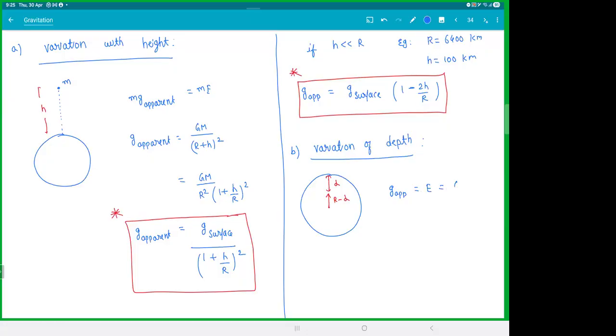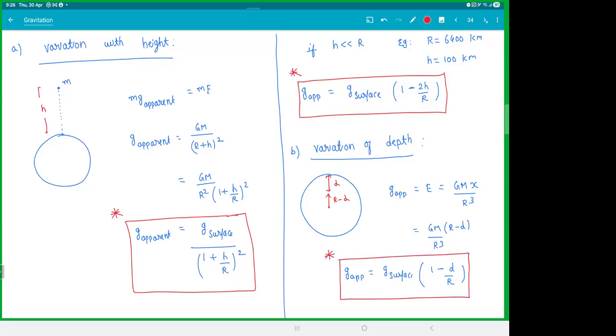And what is the field inside the planet? GM x by R cube, where x is the distance from the center. So GM (R minus d) by R cube. So we get g apparent will be g, which is the surface value, into (1 minus d by R). Here there's no approximation. This is the perfect formula. This is the exact one.